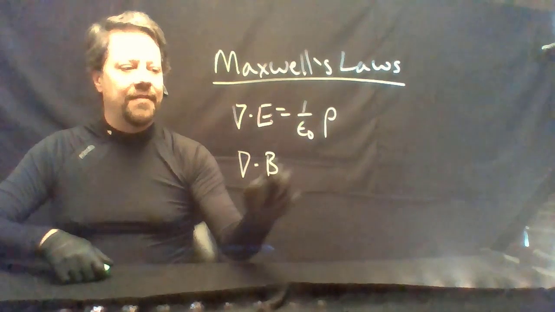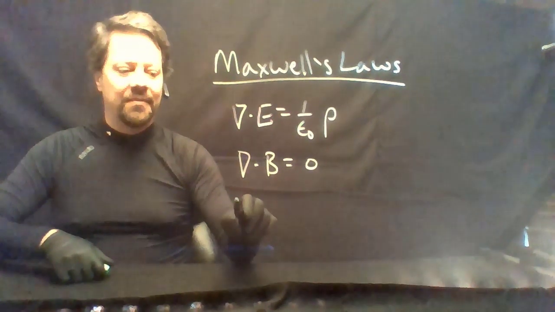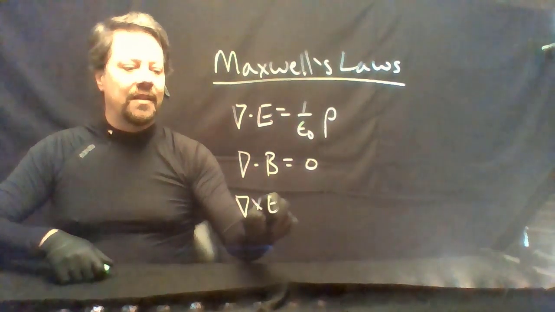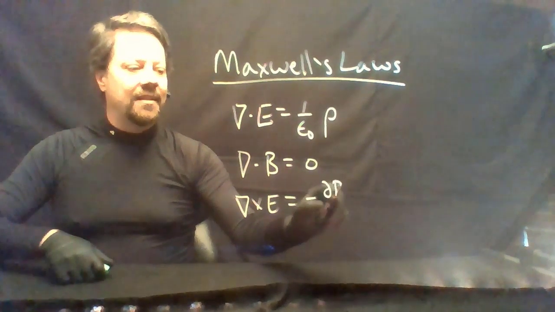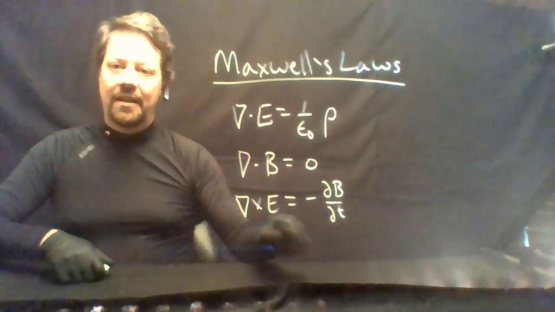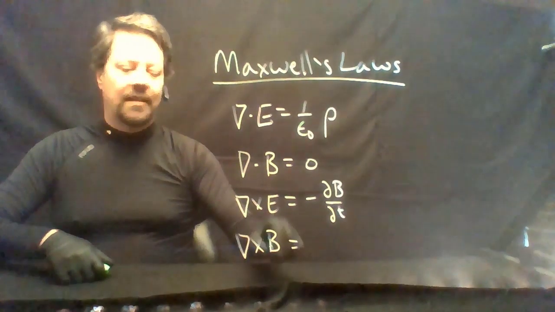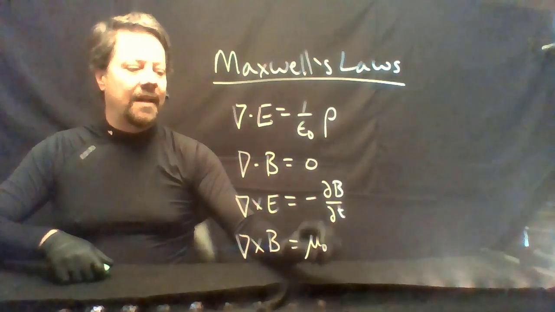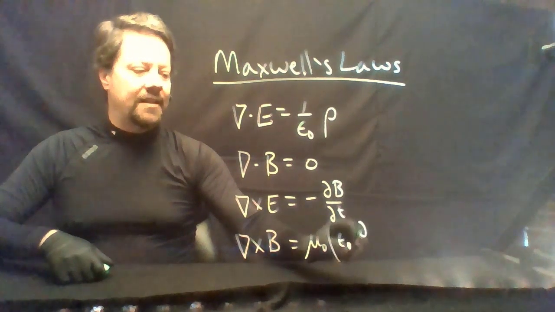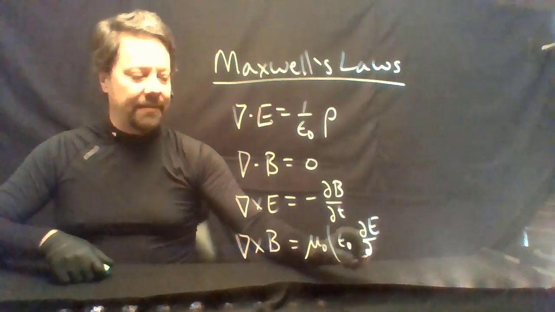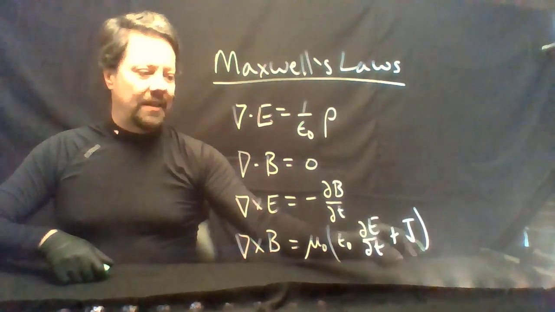The divergence of the magnetic field is 0. The curl of the electric field is minus the time rate of change of the magnetic field. And the curl of the magnetic field is mu naught times epsilon naught times the time rate of change of the electric field plus the electric current.